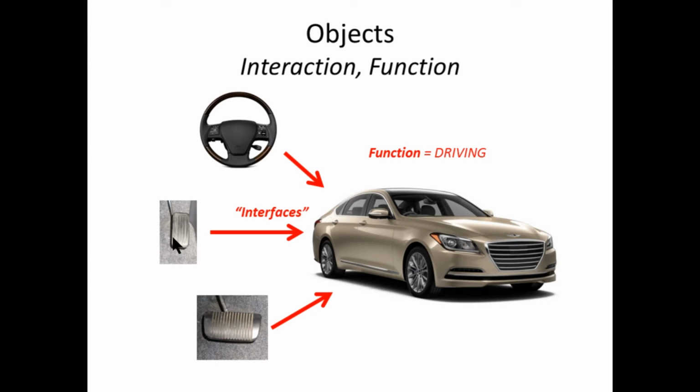It also has a gas pedal, and the user presses the gas pedal to make the car speed up. It also has a brake. You hit the brake to make the car slow down. These are called interfaces. They interface with the car to make it do its things. These are inputs to the car that the user has to make the car do its thing. It makes it very simple for the user. All I have to do is turn the steering wheel, press the gas or press the brake to make the car do its thing.